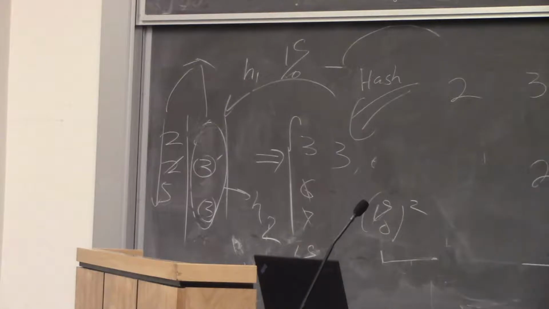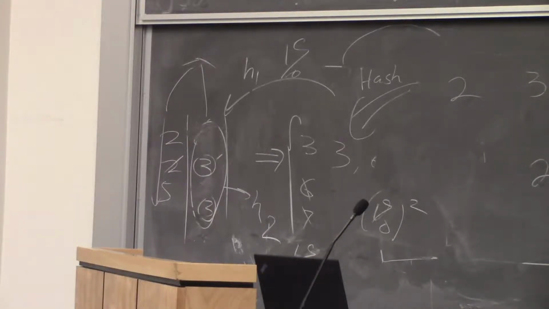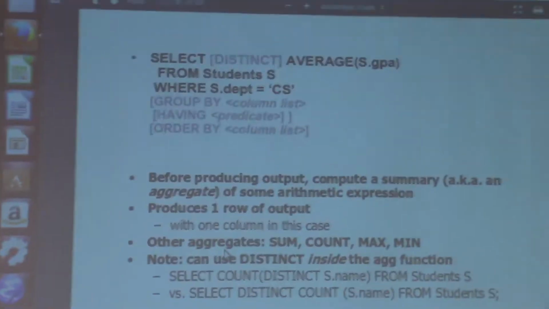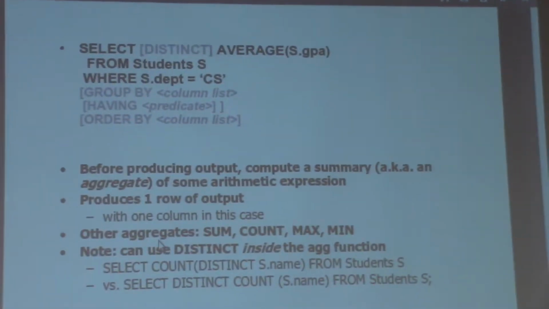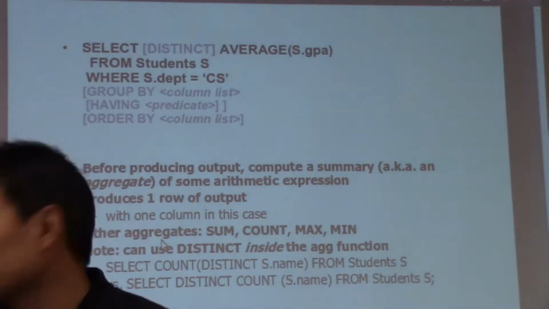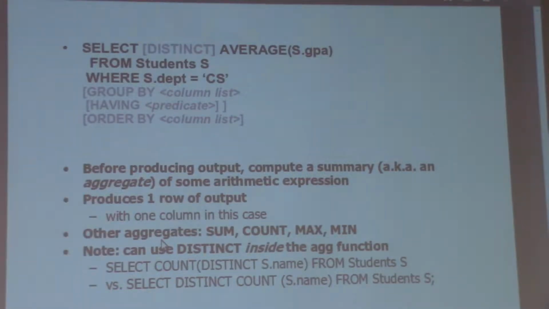Now, what about aggregates? Well, if you use aggregates over the projection column, it's fairly straightforward. Depending on what type of aggregates you are computing, for most aggregates, there are two types that people typically classify them into.